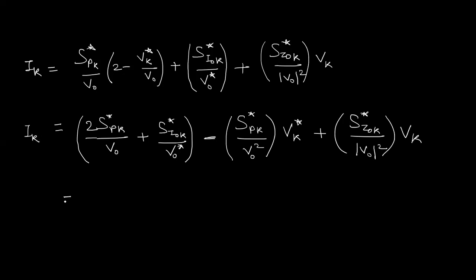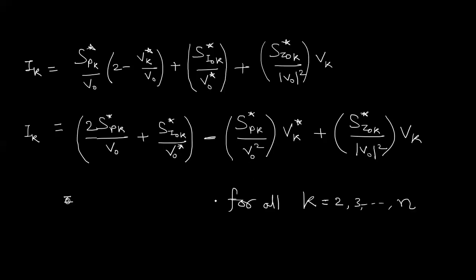And this Ik is the equation for the kth bus current, for all k, starting from bus number 2, 3, and so on up to the n number of buses.